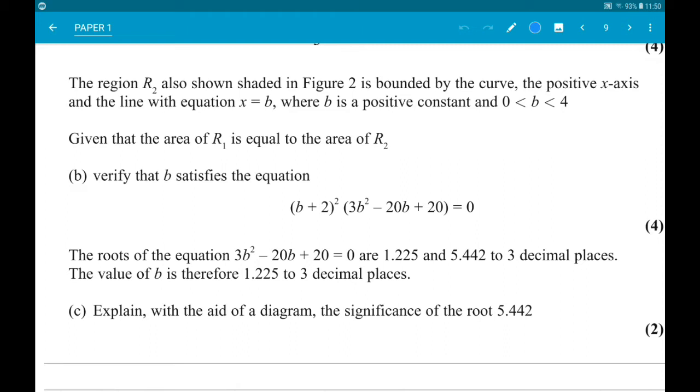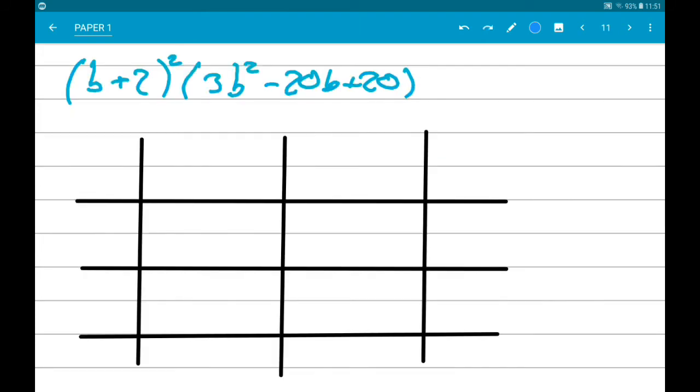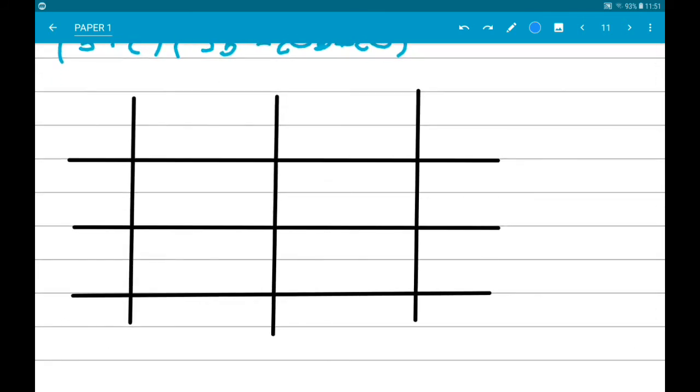We can just expand these brackets and make sure that we get this. So that is how we're gonna do it. So I'm gonna use a table now across the top. I'm gonna put that, and then down the side, b add 2 squared is b squared add 4b add 4.